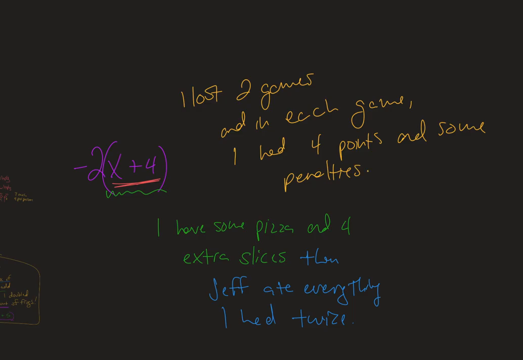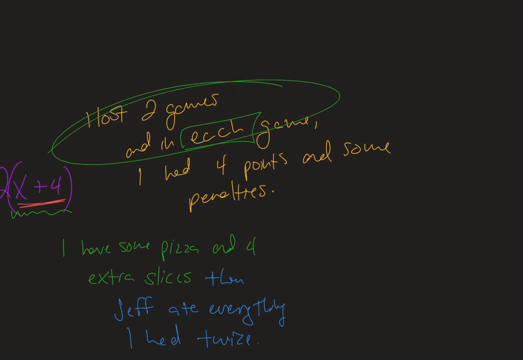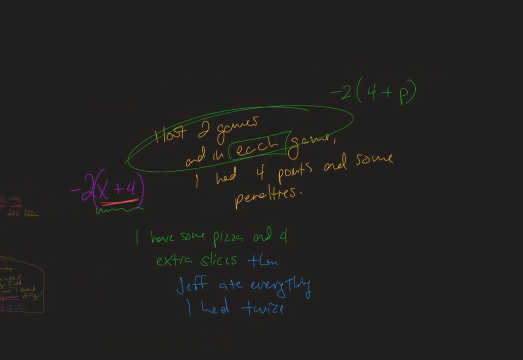So I wrote it a little bit in a switched up order, but I lost 2 games, and in each, I had 4 points and some penalties. Here, I'll use a P for penalty instead of an S for some. So how is that? How are these two the same?